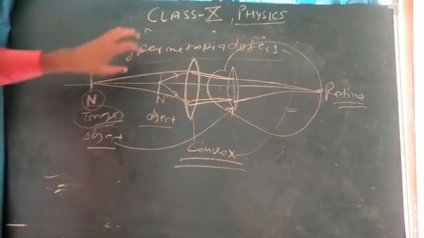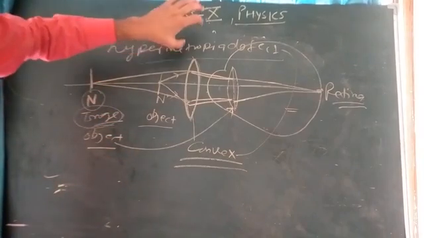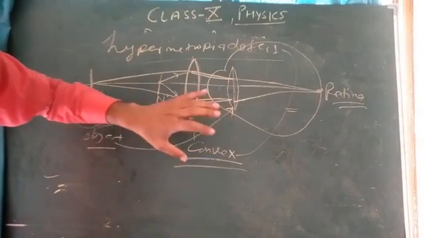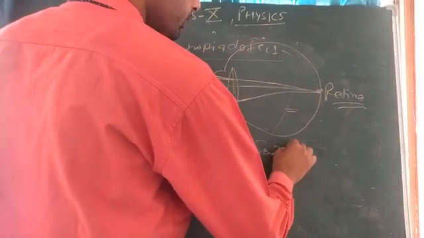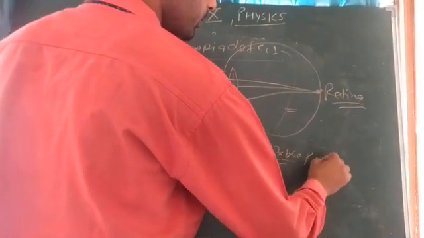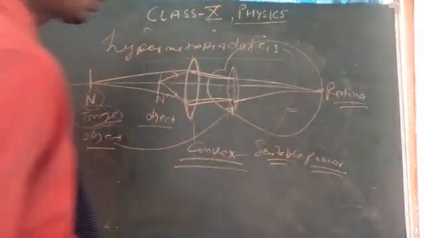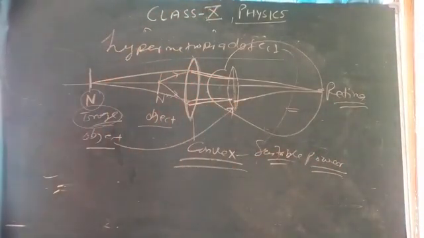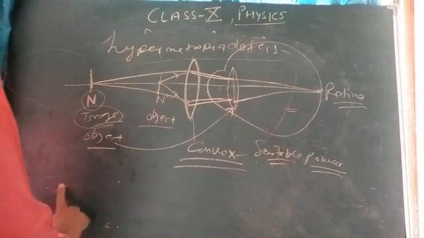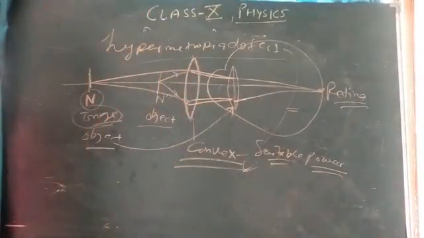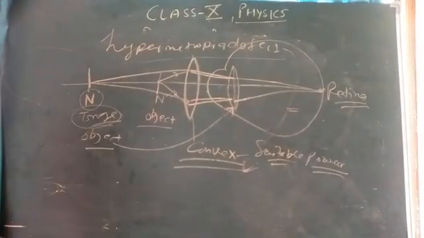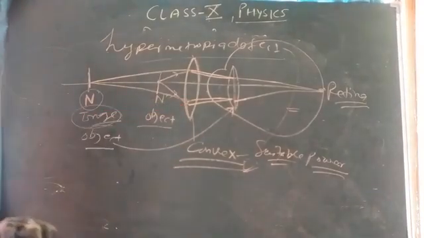We can correct hypermetropia defect by using a convex lens of suitable power. Okay, and you can find the power of this suitable convex lens. So I hope you understand about this diagram. How can we find the power of the convex lens?